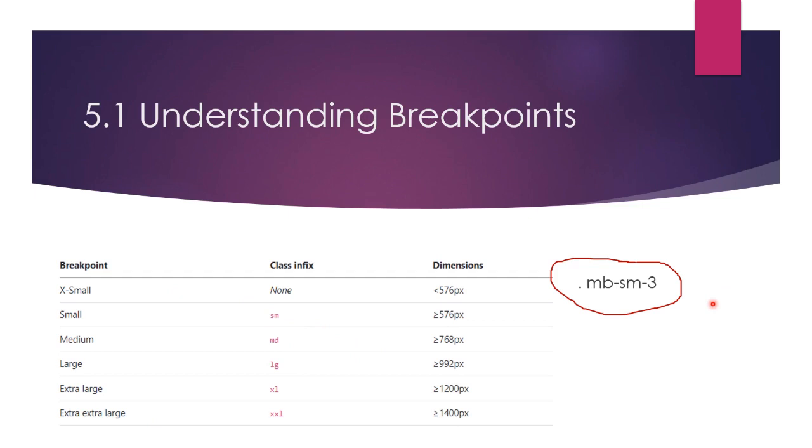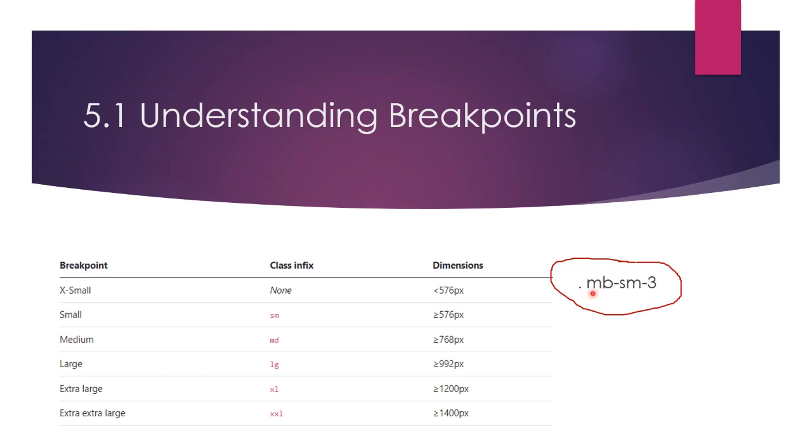So this means that at small screen sizes, I want this HTML element to have a margin bottom of 3. Now, when you just do this without specifying for other screens, this means that from small screen sizes and above, you want an element to have a margin bottom of 3.